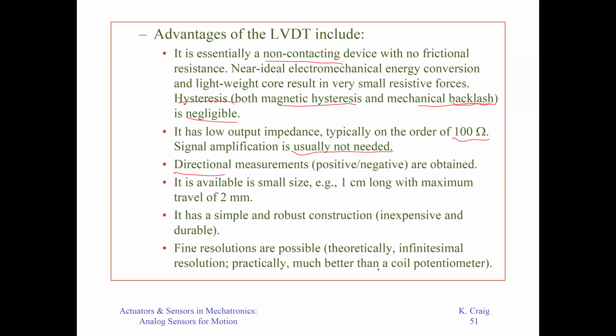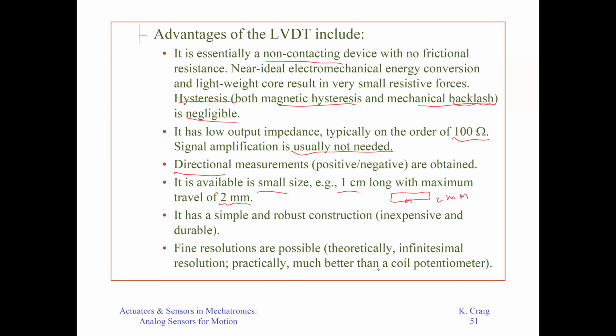It can be very compact and small, like 1 cm. This is very interesting. For 1 cm size, your travel is only 2 mm. So centimeter to millimeter is 10 times.